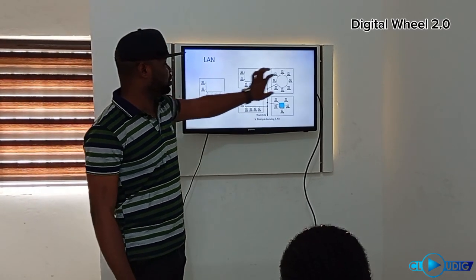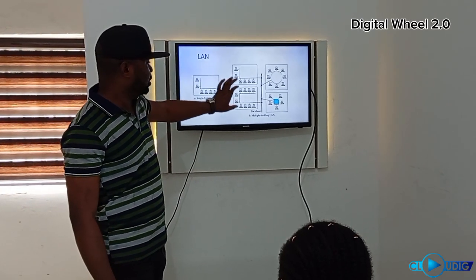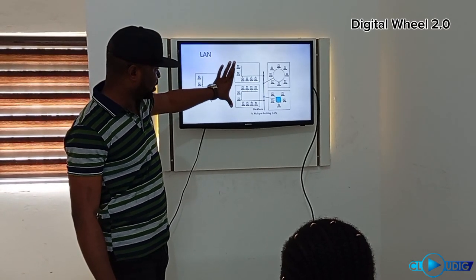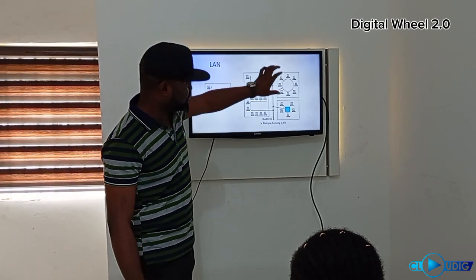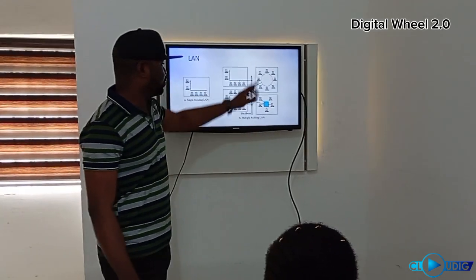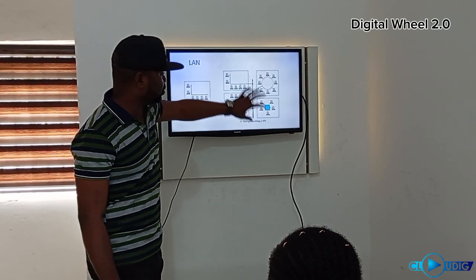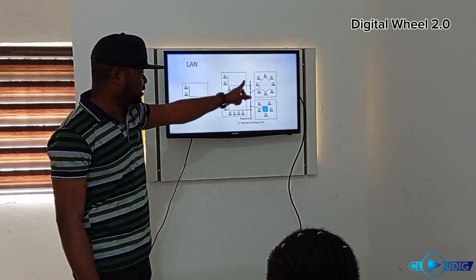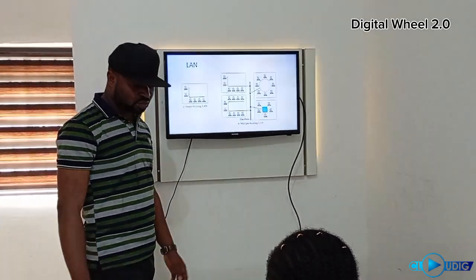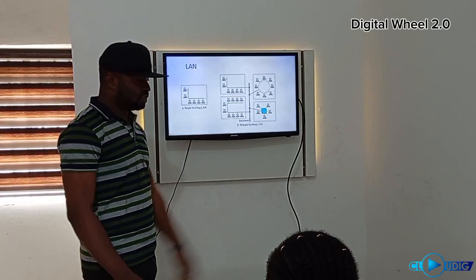So for these two buildings, because we have a local area network here, this is a local area network, and sub-local area networks. For these two buildings, or let's say these four buildings, to share resources, we need the implementation of what we call the network backbone.